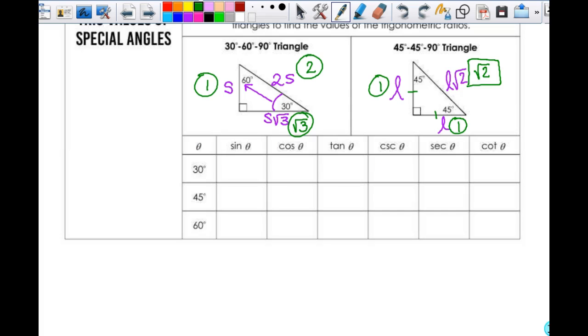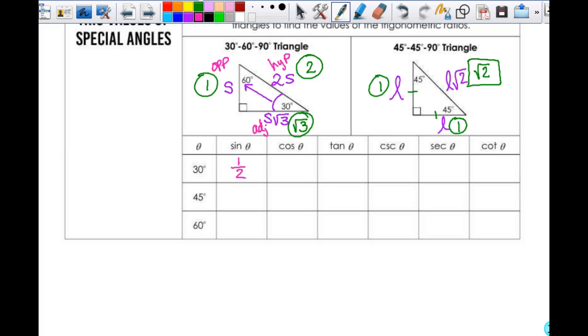Should be real simple and quick here. Sine of 30. Okay. So 30 degrees. The sine is the opposite over hypotenuse, so that's going to be 1/2. Sticking with 30, cosine is adjacent over hypotenuse. So this was my opposite, this is my adjacent, and this is my hypotenuse.